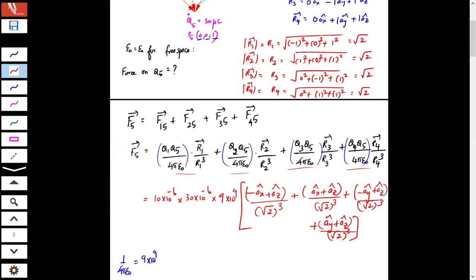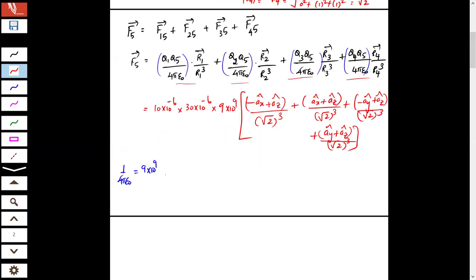Now what we have to do is consider each and every term and find the final force vector. To find this, take all AX terms together, all AY terms together, all AZ terms together.